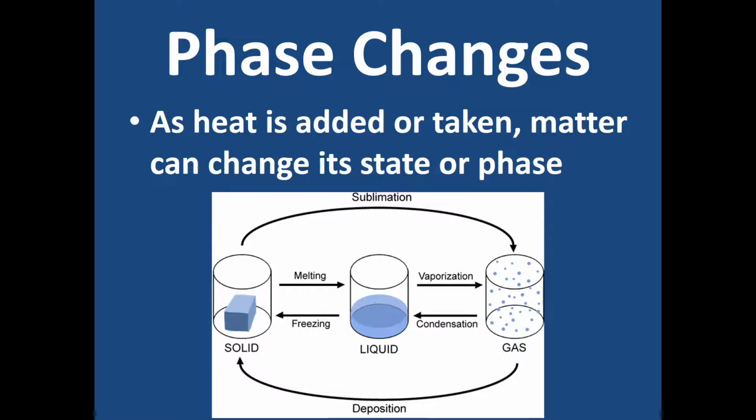If I say that a gas deposits itself onto a surface, you need to understand that the gas is undergoing deposition and going straight to a solid without being a liquid. If I say that a gas condenses onto the surface of a liquid, that refers to the phase change from a gas to a liquid.